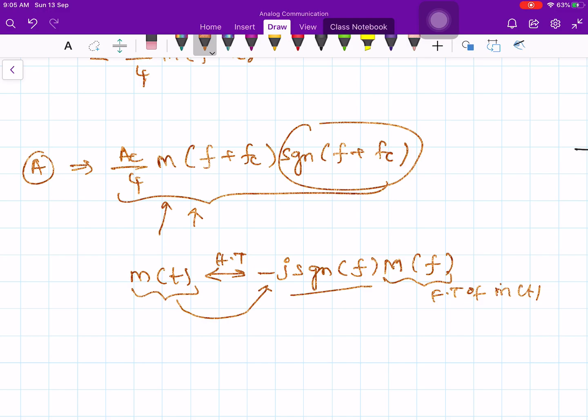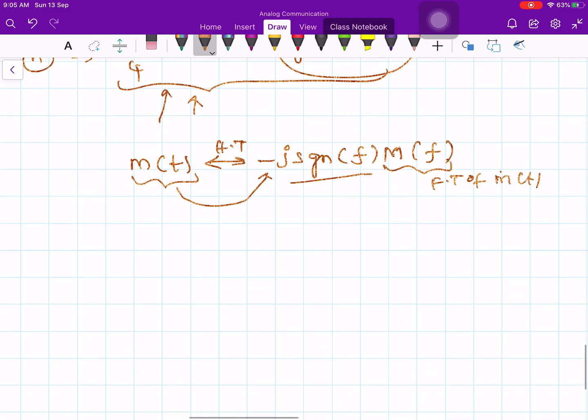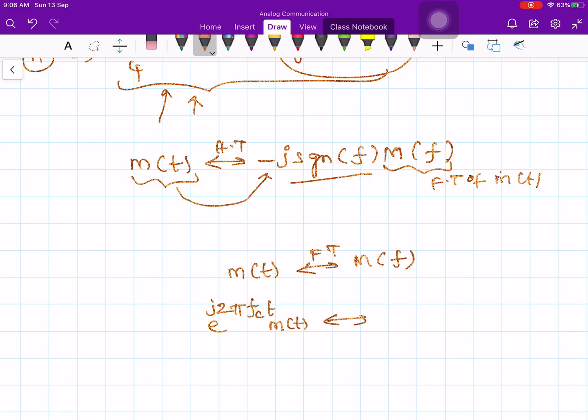So also you recollect the basic frequency translation theorem. M of t, if you take the Fourier transform, you will get a capital M of f. If you multiply m of t by e to the j 2 pi fct, and take the Fourier transform, then it is going to be a shift in the frequency domain, m of f minus fc.